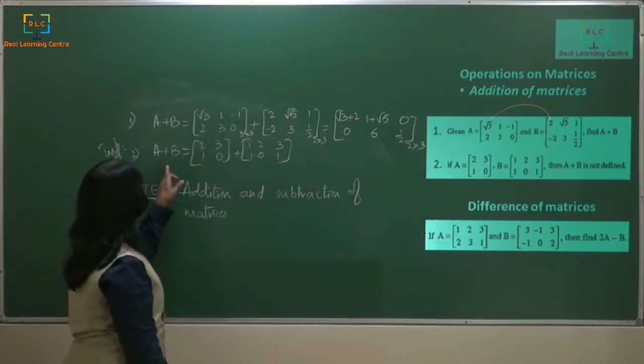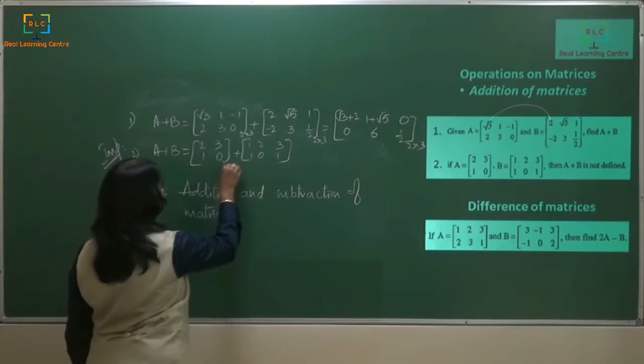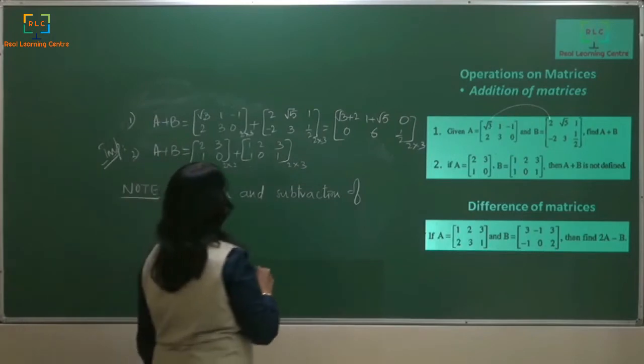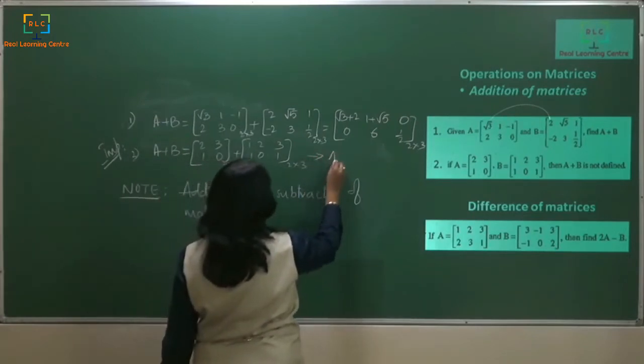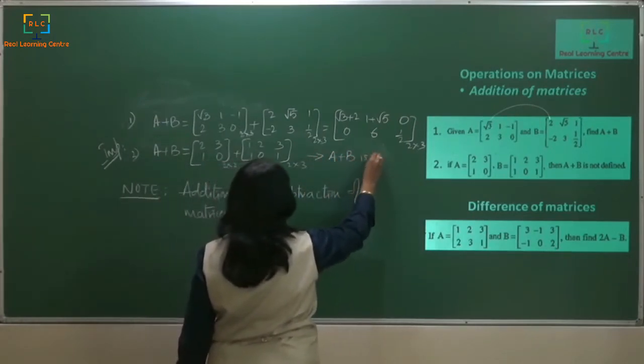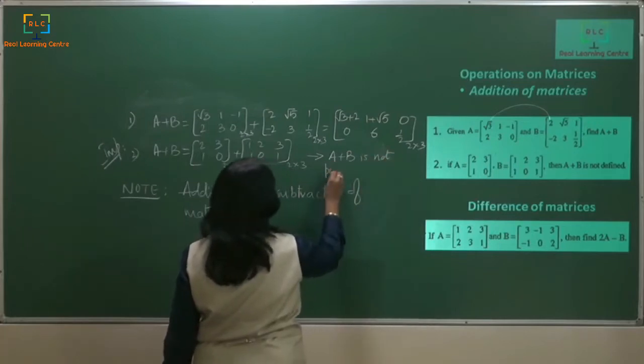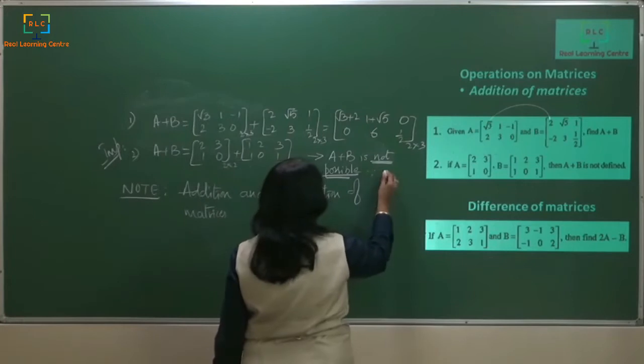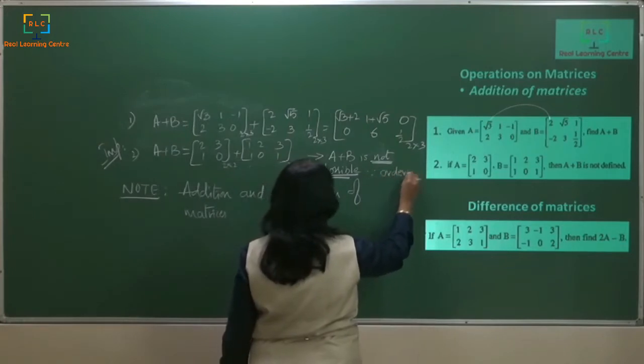And then here you see A plus B, this is of 2 cross 2 and this is of 2 cross 3. The orders are different, so A plus B is not possible. So here I'll write A plus B is not possible because orders are not the same, because orders are different.